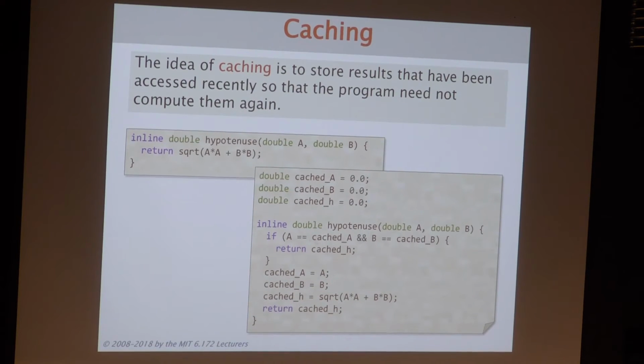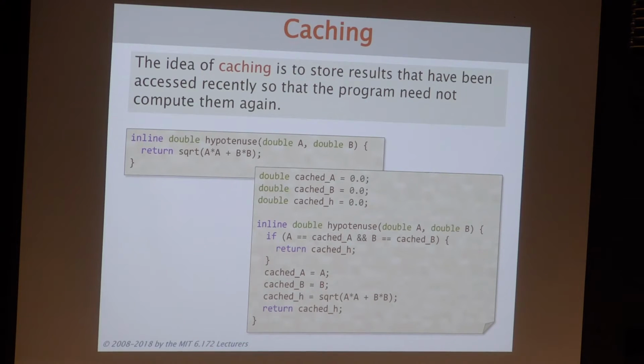And one way to avoid doing that is to create a cache. So here I have a cache just storing the previous hypotenuse that I calculated. And I also store the values of A and B that were passed to the function. Now when I call the hypotenuse function, I can first check if A is equal to the cached value of A, and if B is equal to the cached value of B, and if both of those are true, then I already computed the hypotenuse before, and I can just return cached h.